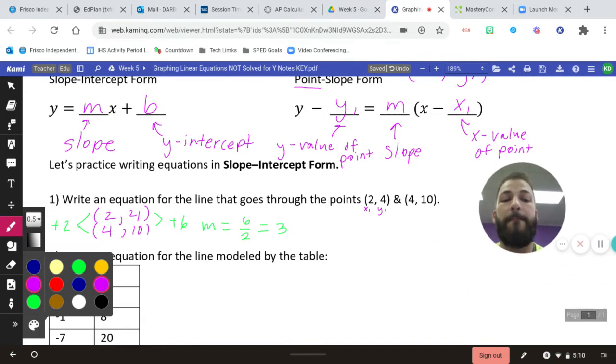So y minus y1, so minus 4, equals m, our m is 3, so 3, parentheses, x minus x1, so 2. And that would be our answer.